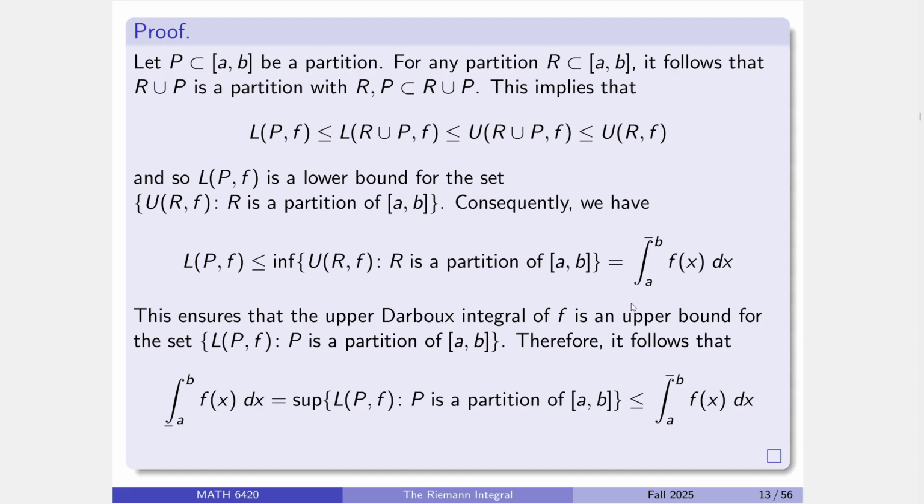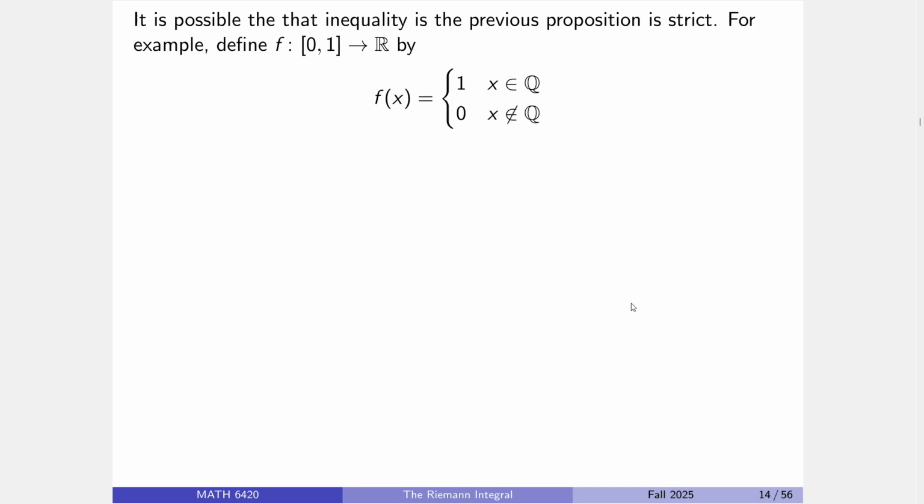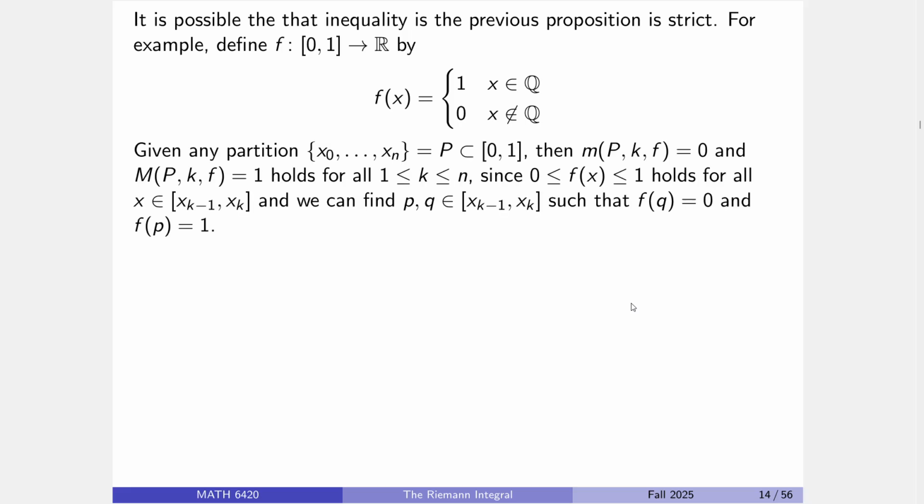So naturally, Riemann integrability we will count as when those two things line up with each other, but it's possible that they don't. And we already know a function that fails to be Riemann integrable, but now we'll get an explicit reason why this one falls apart. So again, we look at our good friend the Dirichlet function, which is 1 on the rationals and 0 elsewhere.